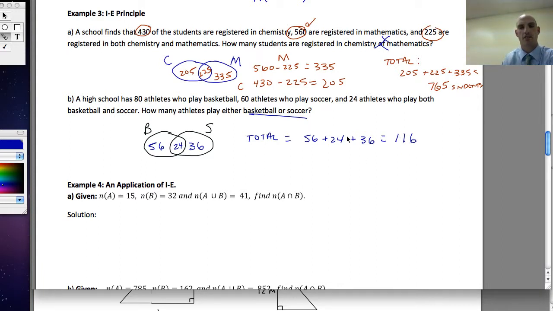It's the inclusion-exclusion principle. Because notice, we took the total number of athletes in soccer or basketball, subtracted the amount that was in the middle, and we figured out what it was for these other regions.